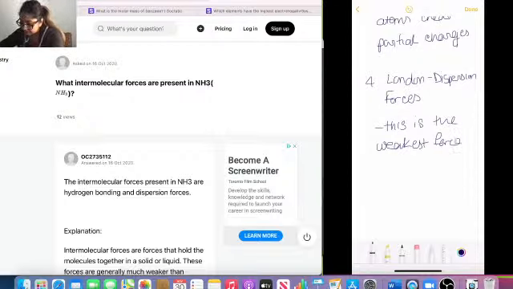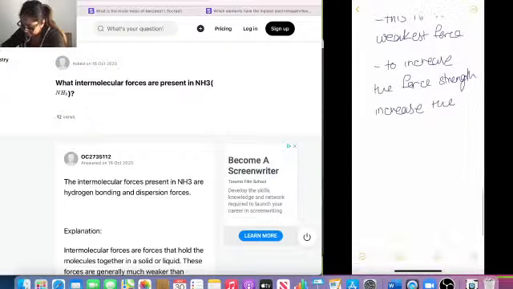Okay, so this is the weakest intermolecular force, but however, to increase the force strength, you have to basically increase the total number of electrons.